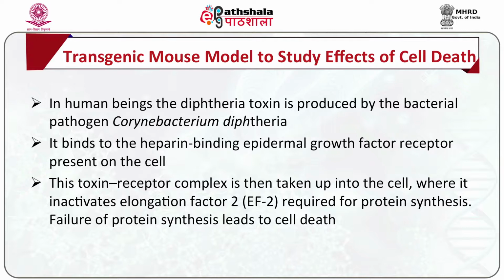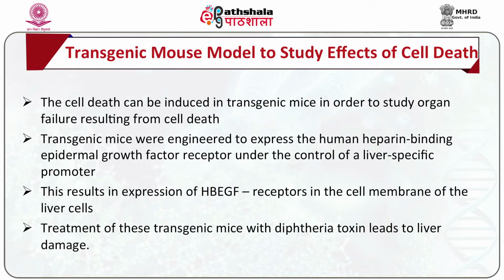The toxin-receptor complex is then taken up into the cell, where it inactivates elongation factor EF2 required for protein synthesis. Failure of protein synthesis leads to cell death. The cell death can be induced in transgenic mice in order to study organ failure resulting from cell death.